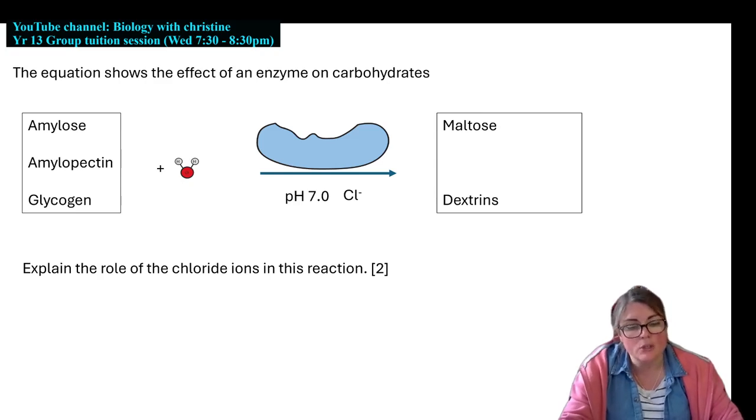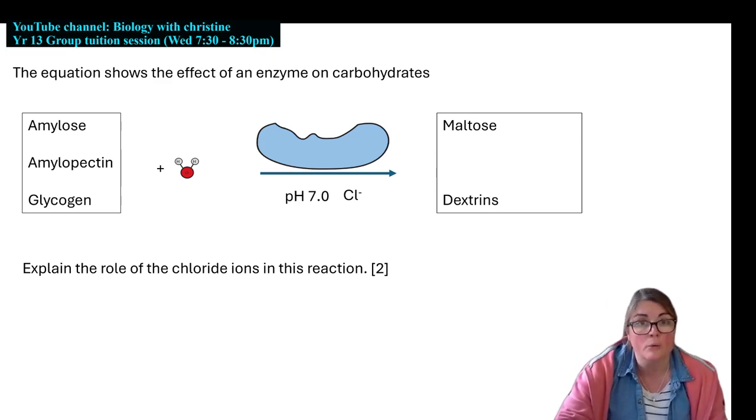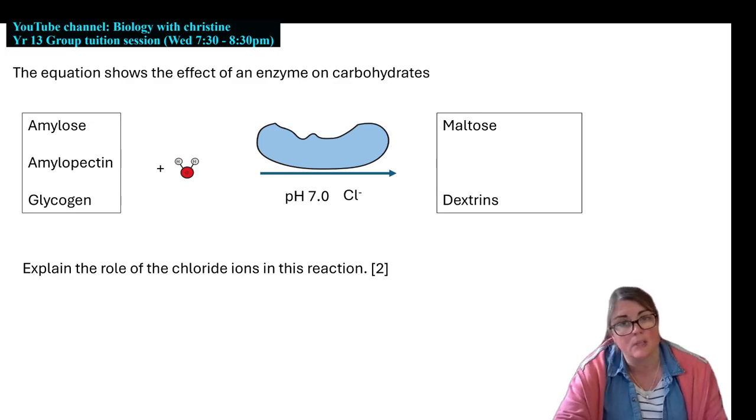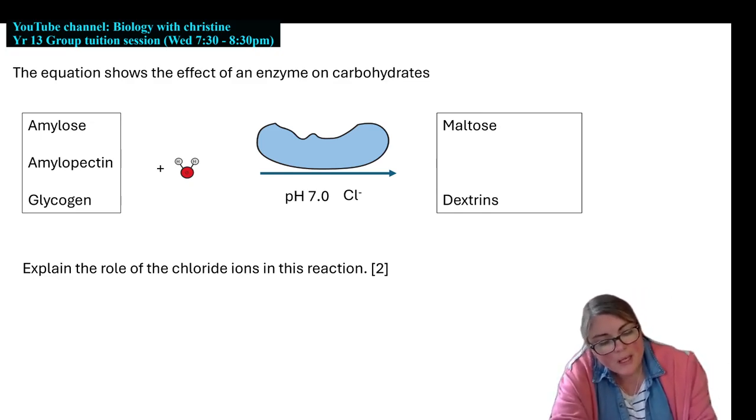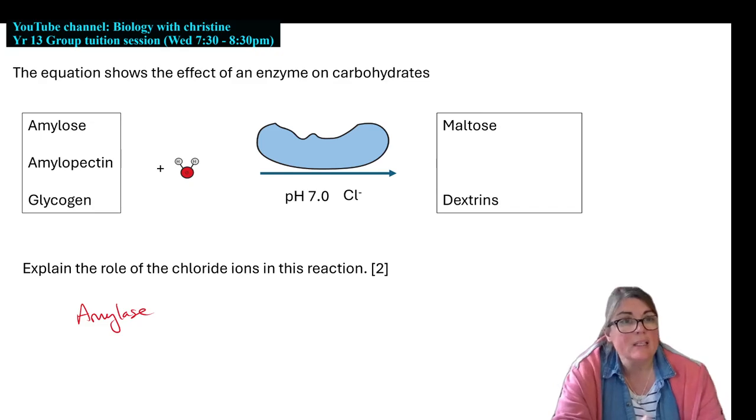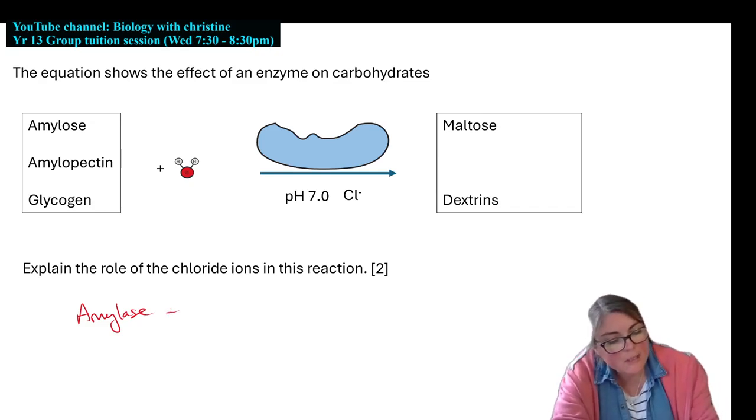The next question says, okay, explain the role of that chloride ion in this reaction. So they're expecting me to remember that amylase is an enzyme. So what do we know about enzymes?